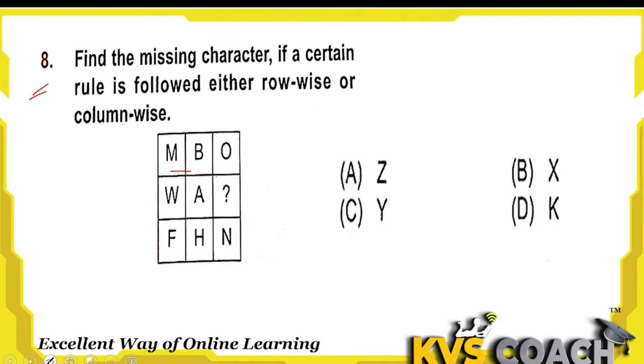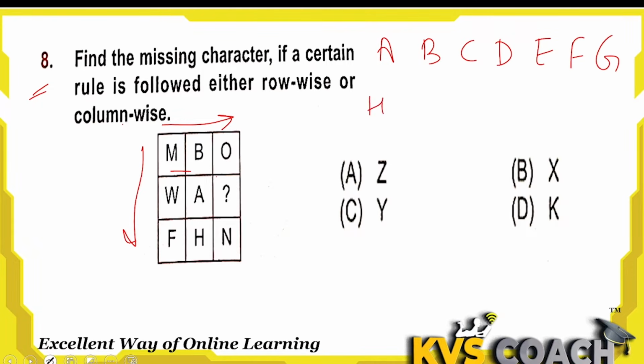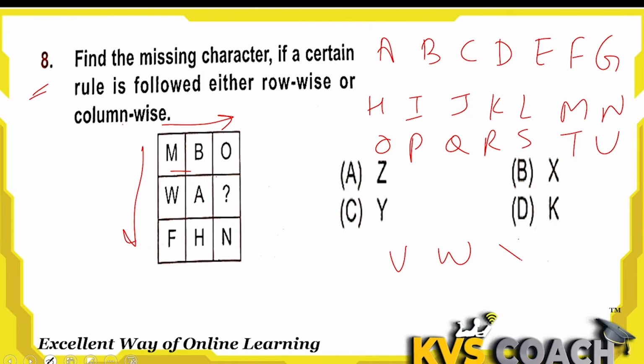So here question 8 is: find the missing character if a certain rule is followed either row wise or column wise. Let's check what the rule is. Here we are talking about the alphabet. So let's write the alphabet: A, B, C, D, E, F, G, H, I, J, K, L, M, N, O, P, Q, R, S, T, U, V, W, X, Y and Z. Here M is at the 13th number.